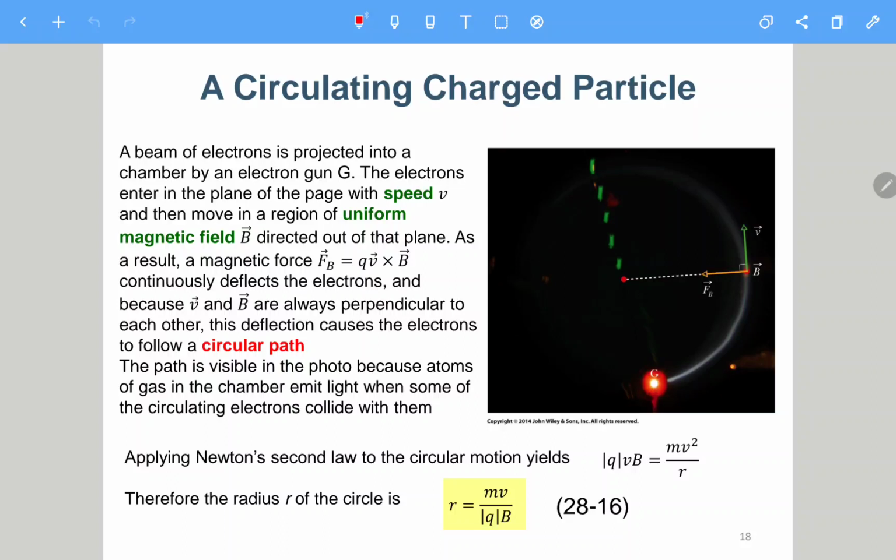Okay, so next here we talk about the circulating charged particle. It says that if an electron or charged particle, and in this case it shows an electron, enters the B field, and if V and B are perpendicular to each other, then the electron will be in circular motion.